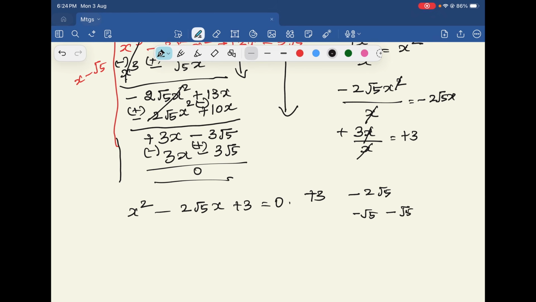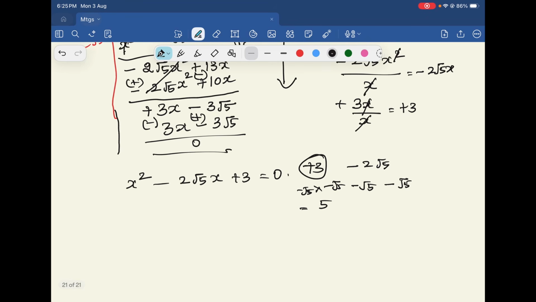But if I multiply, minus root 5 into minus root 5, what you get? It is 5. But it is given 3. Therefore, you cannot do like this. So for that, I am going to use the splitting the term method.